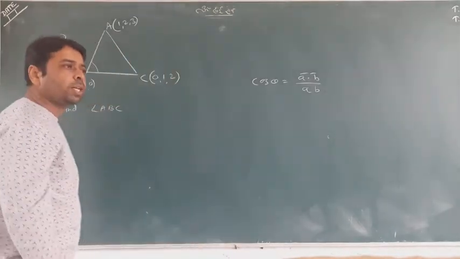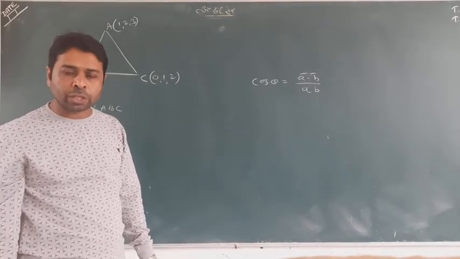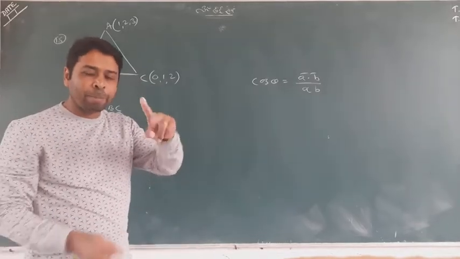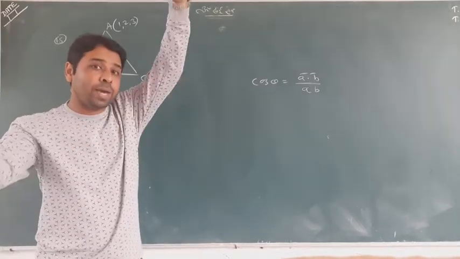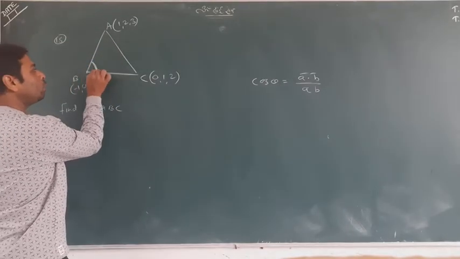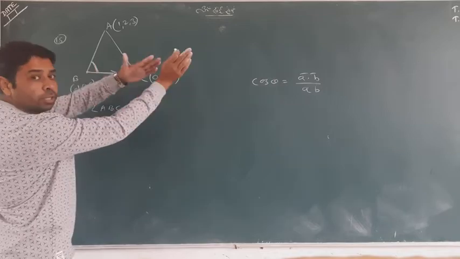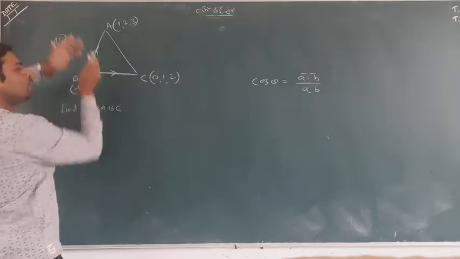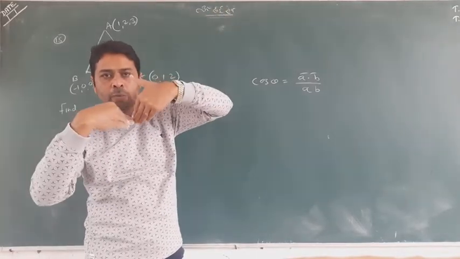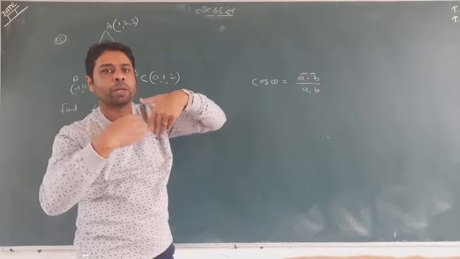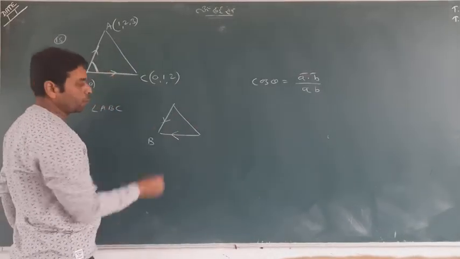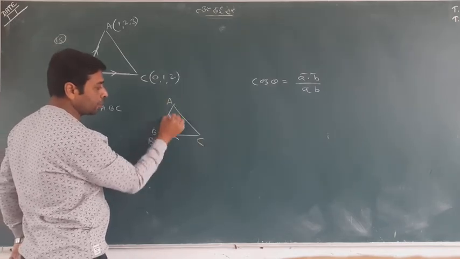The very first thing I want to draw your attention to: whenever you want to find any angle, make two vectors beginning from point B, going away from the other vertex. Like if you want to find the angle B, you need two vectors going in this direction and this direction, away from B. Or you can make vectors which are coming towards B, meaning you can also make AB and CB.